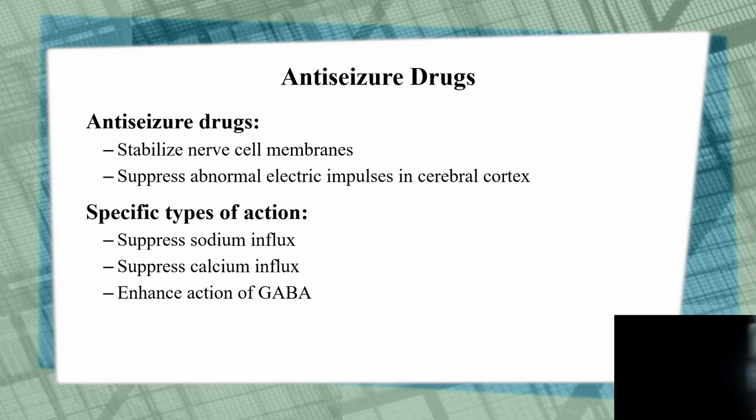And then it enhances the action of GABA. GABA stands for gamma aminobutyric acid, and what it does is increase the action of GABA, which inhibits neurotransmitters throughout the brain.